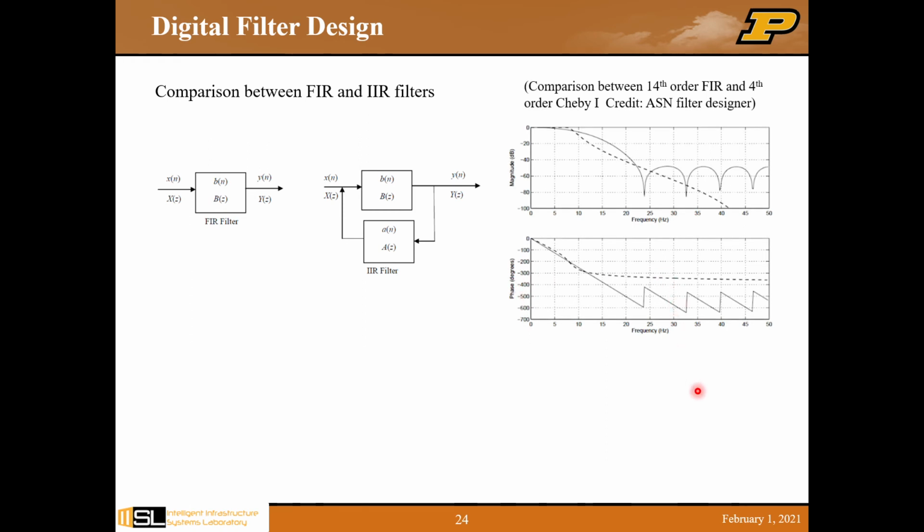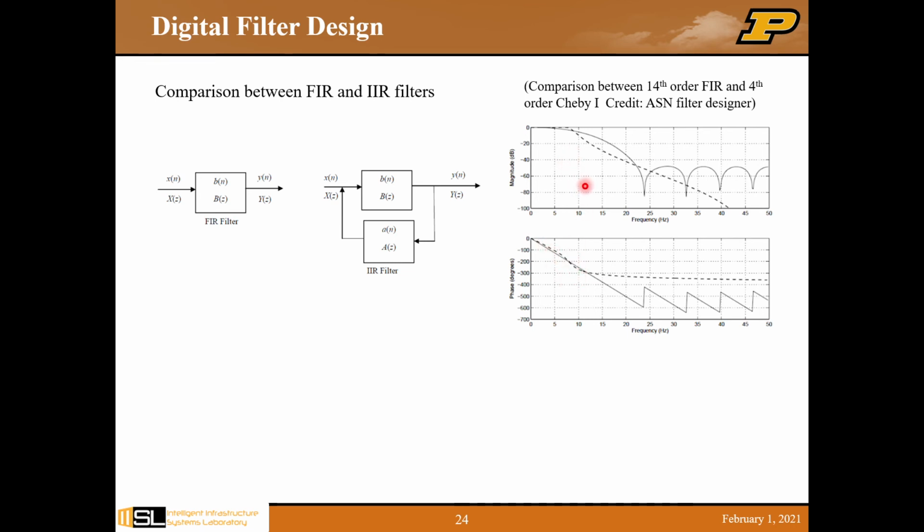How does their performance look like? So here is a comparison between the 14th order FIR filter with a 4th order Chebyshev filter. They have comparable performance, but as you can see here, the IIR filter doesn't have the linear phase, so it's nonlinear for the pass band.